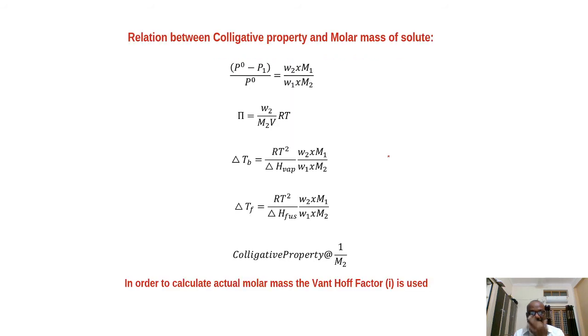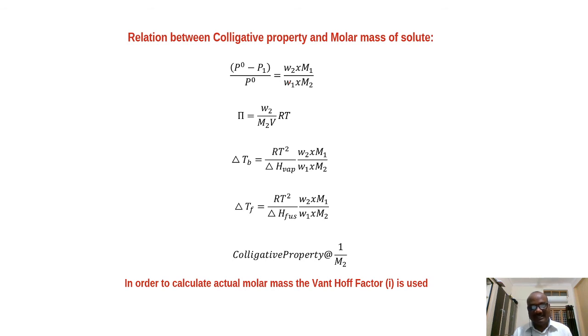Next, you see the relation between the colligative property and the molar mass of the solutes. We have derived different equations for colligative properties. One is the RLVP, second is osmotic pressure, third is elevation of boiling point, fourth is depression in freezing point. Here we are mentioning all the formulas which we have derived.